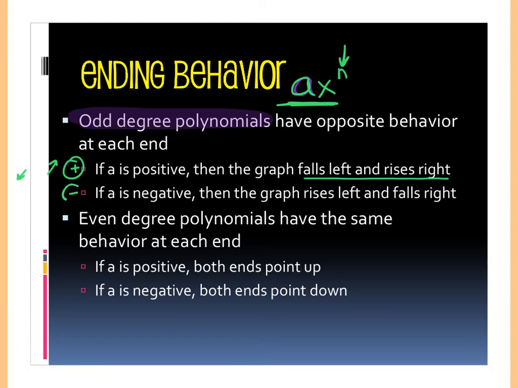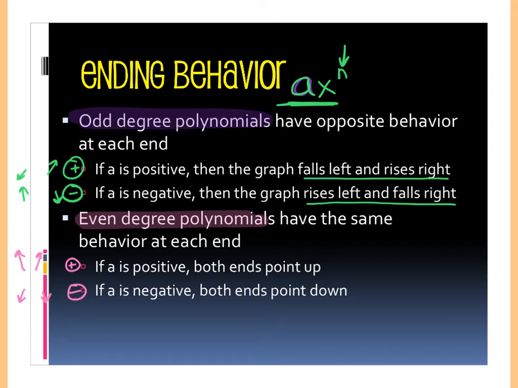If my a is negative and the exponent is odd, it rises left and falls right. If it's an even degree polynomial, they have the same behavior at the end. If it's even and positive, they both point up. If it's even and negative, they both point down. This is just the end behavior, meaning how it starts and stops.